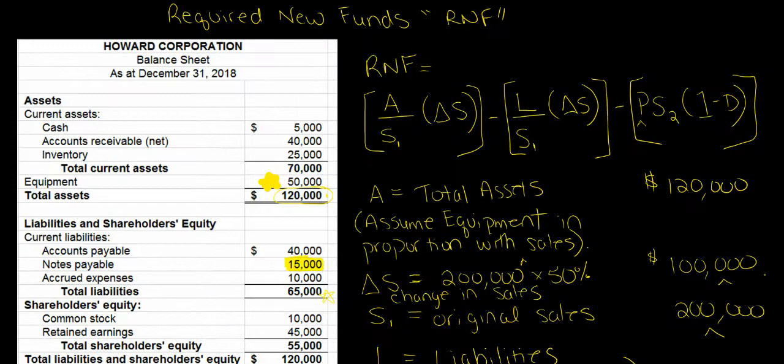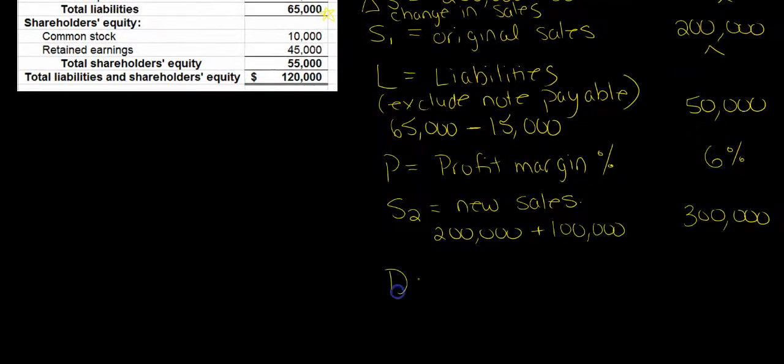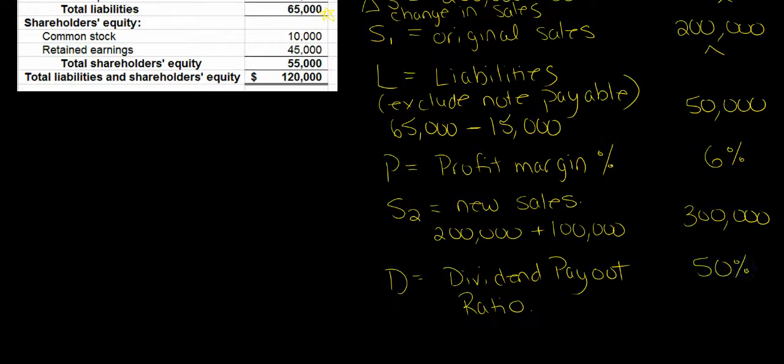And the D is your dividend payout ratio. And again, most of the questions will give you this ratio. If not, they'll give you enough information to run it. So I'll just assume that it's 50%.